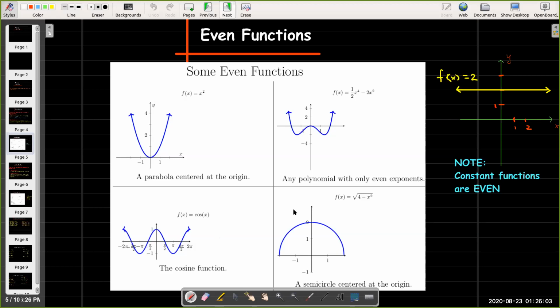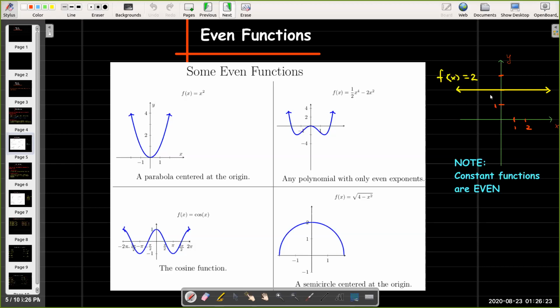And we may have a function that has a bounded domain, such as a semicircle, which is centered at the origin. One important type of function, which is also an even function, is a constant function.